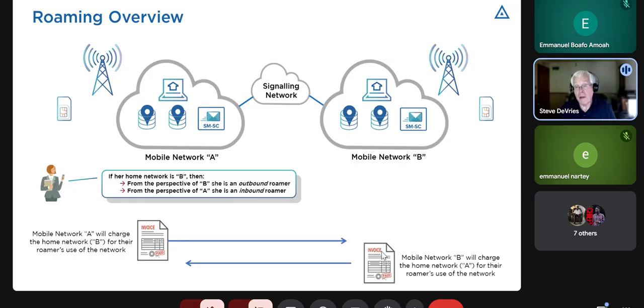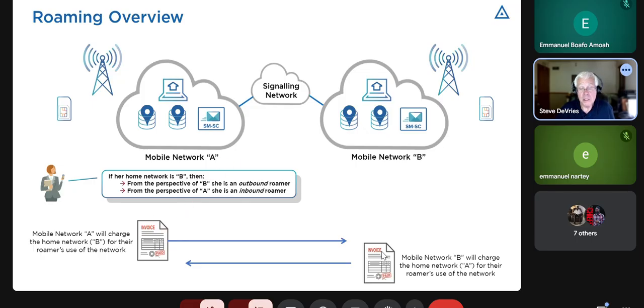But maybe Verizon gets a better rate from MTN. So any roamers going into Accra or anywhere in Ghana, let's say they want to use MTN. Her phone will try to attach to MTN, and MTN will charge the home network Verizon for using their phones.